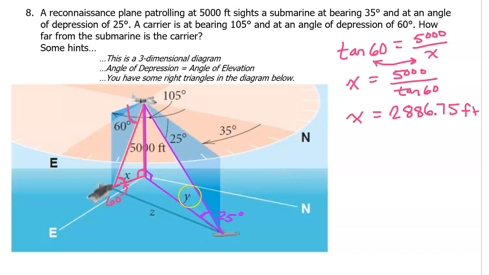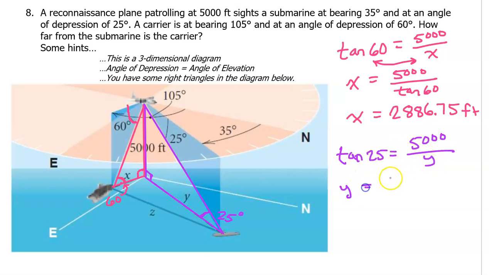So let's see. We're going to do tangent again. So let's do the tangent of 25 degrees is equal to opposite over adjacent. So again, that will be 5,000 over y. And we will swap these.